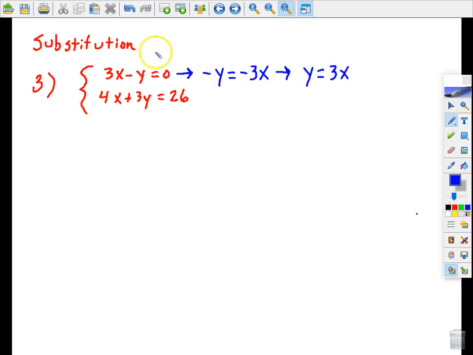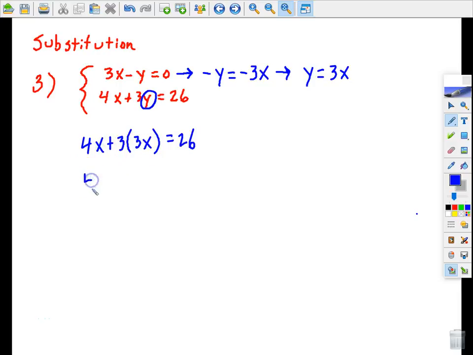Okay, so once again, I'll repeat this. Substitution says solve for one variable in one equation and then replace that variable in the other equation. So in the bottom equation, I'm going to replace y, or substitute y, with 3x. 4x plus 3 times 3x is equal to 26.